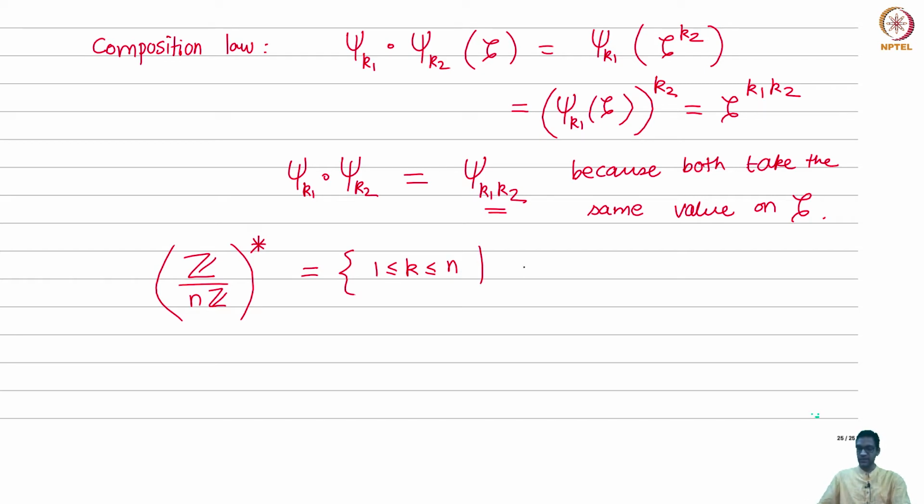One way of saying it is it's all numbers from 1 to n which are relatively prime to n, thought of as a group under multiplication modulo n.